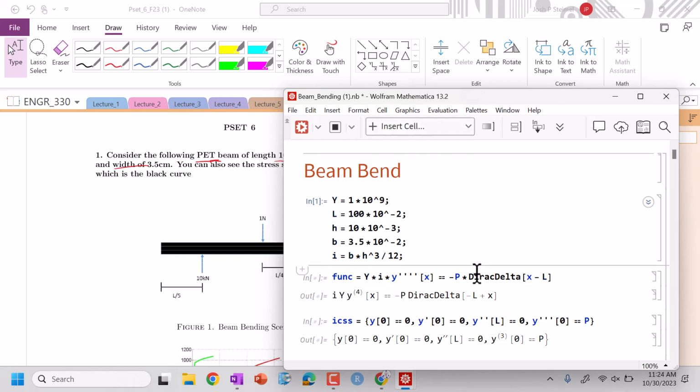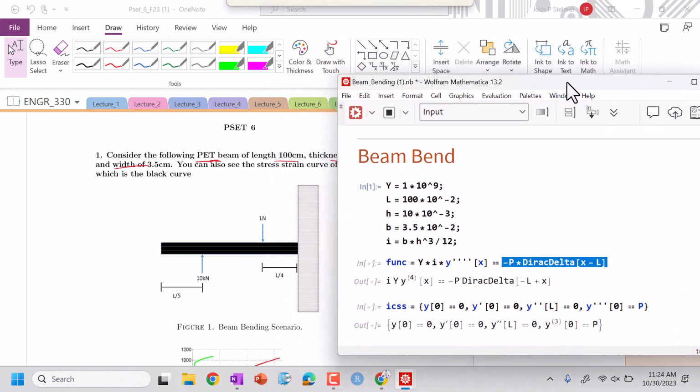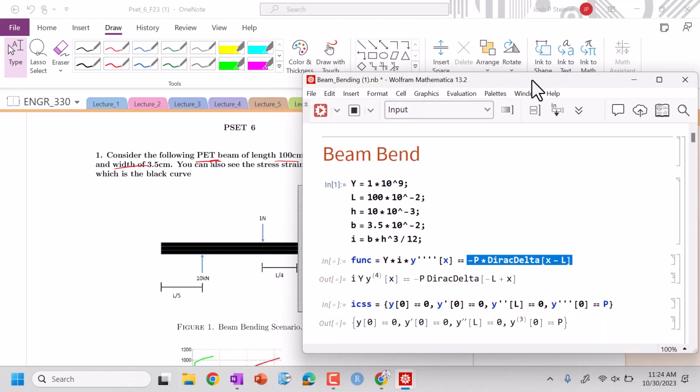So we have our function, and we basically have 2 point loads. Let's start from 0 all the way over here.